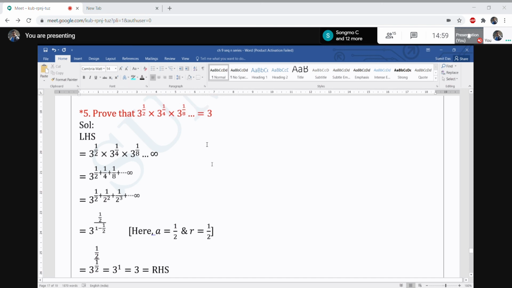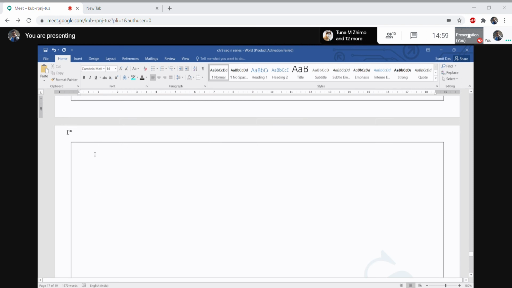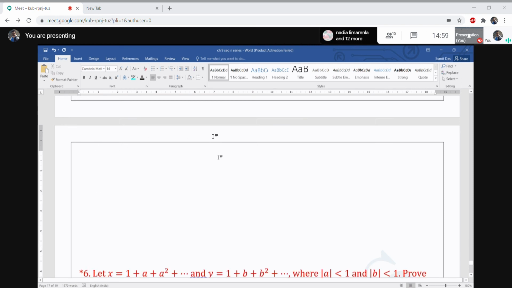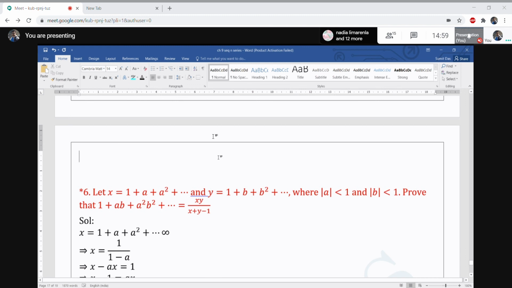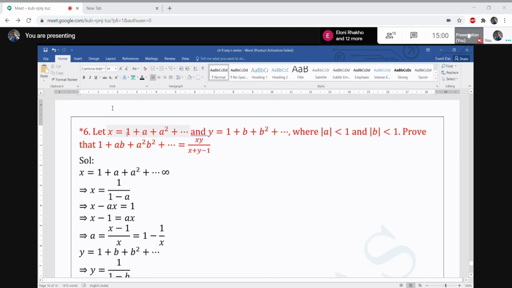Okay, then the last problem of this chapter. Last problem of this chapter, a very important problem. This question is also very important for 6 marks. This question is saying, let x equal to 1 plus a plus a square, and so on.